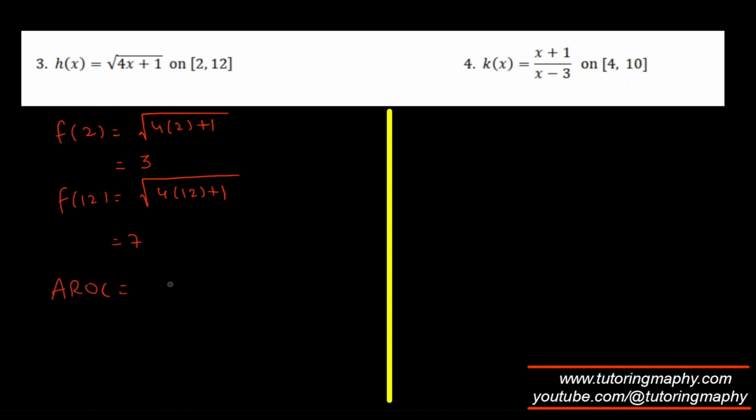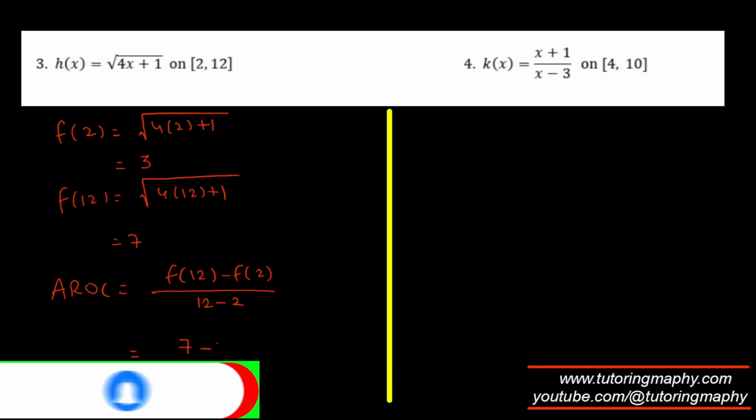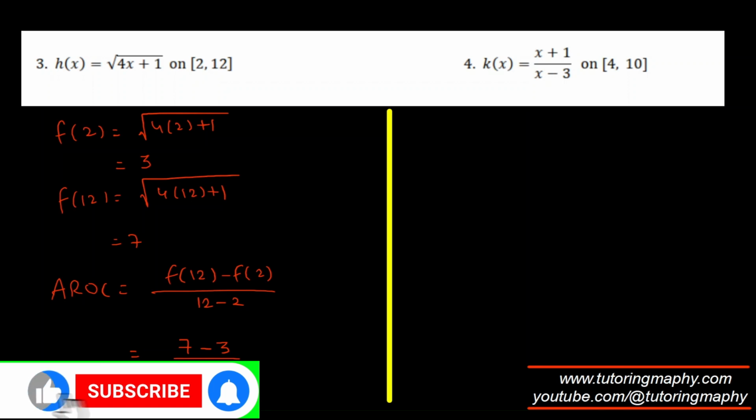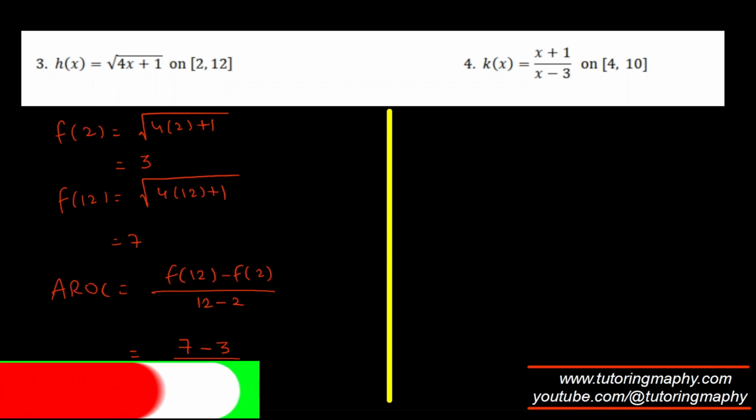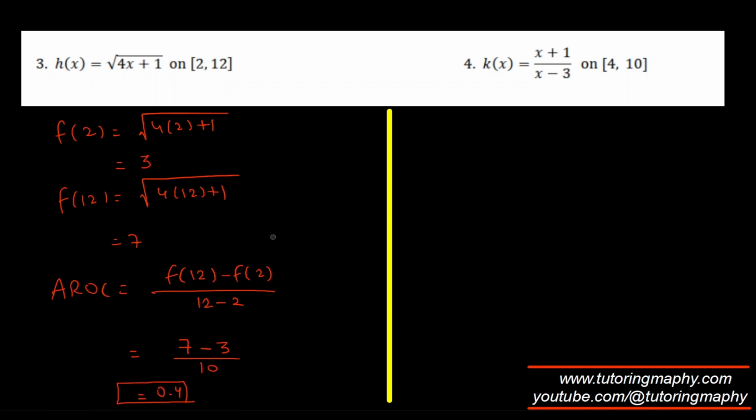So our AROC is going to be f of 12 minus f of 2 over 12 minus 2, which is 7 minus 3 over 10, which is just 4 over 10, right? 4 over 10 is 0.4, so I can just write this as 0.4 over here. That should be our answer.